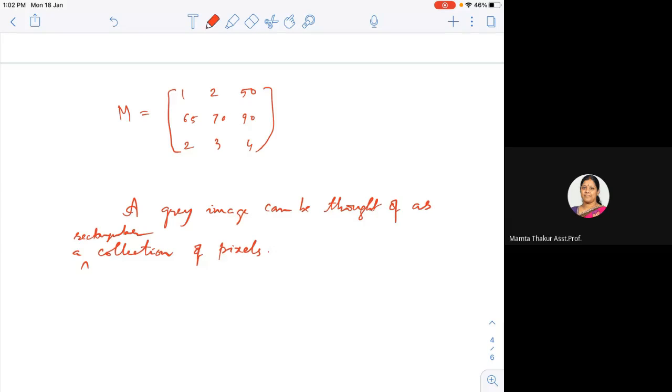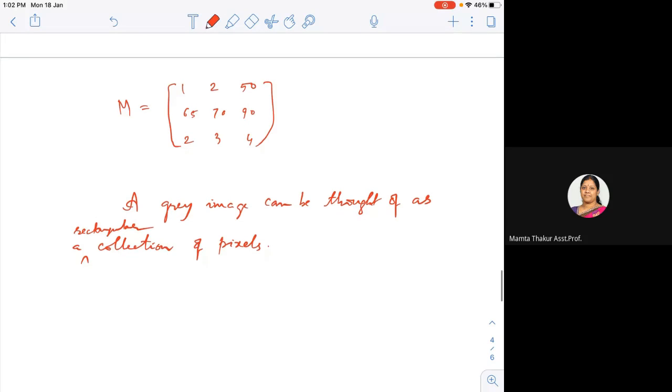Pixel means picture cells, small cells. When you look at an image, when you zoom in, you will come to know that it is a collection of some rectangular pieces, right? They are called pixels. The more pixels, the greater the clarity of the image, right? So every gray image of some figure, some portrait, can be thought of as a collection of pixels.